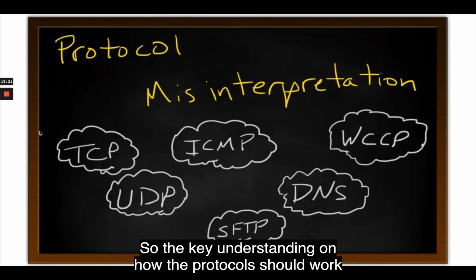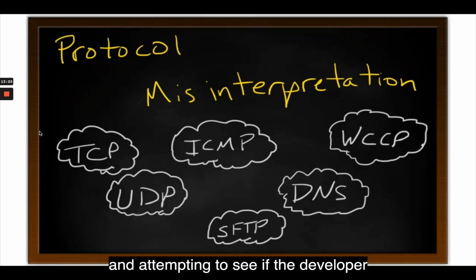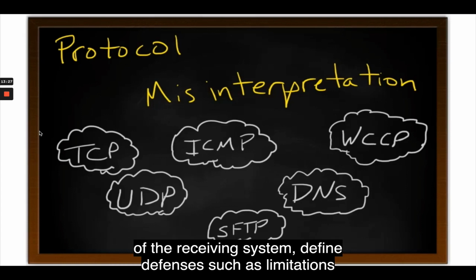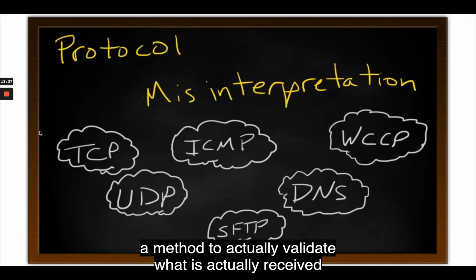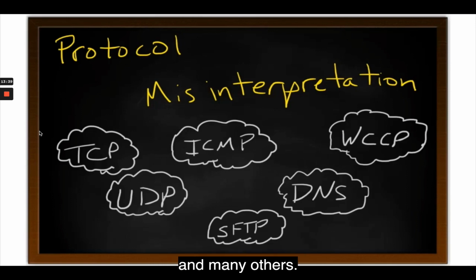So the key is understanding how the protocols should work and seeing if the developer of the receiving system defined defenses, such as limitations to what is accepted, a method to validate what is received, and many others.